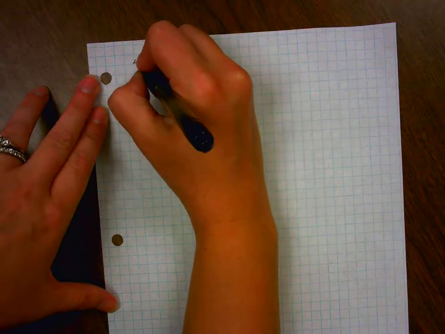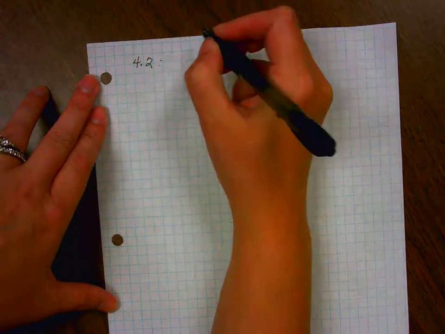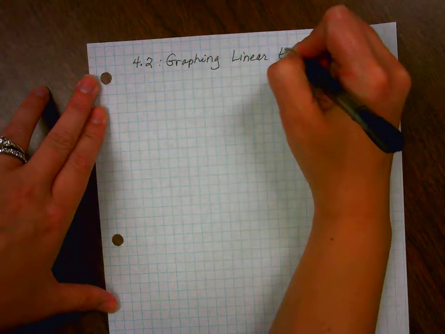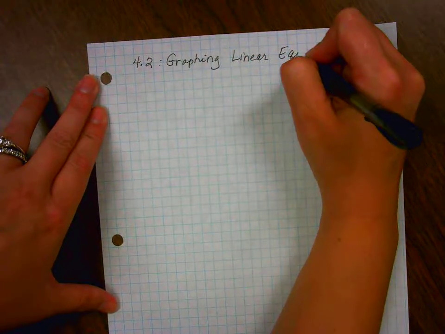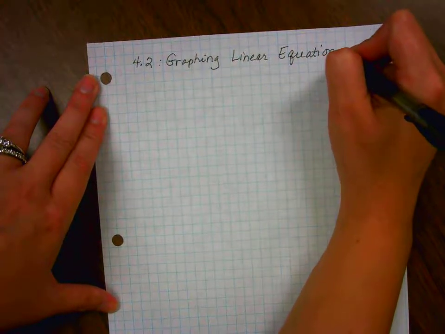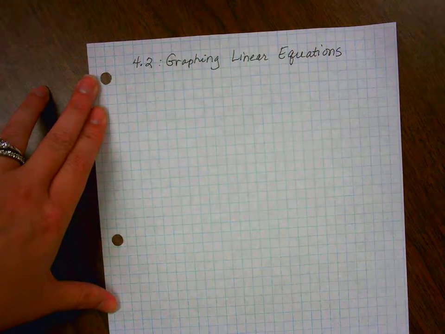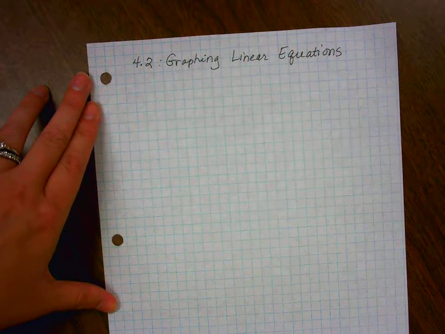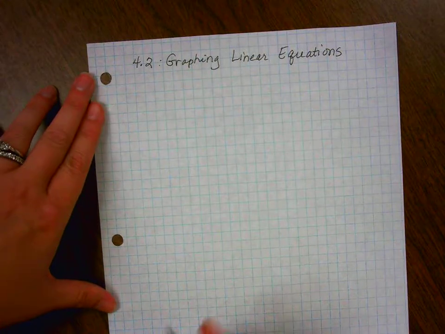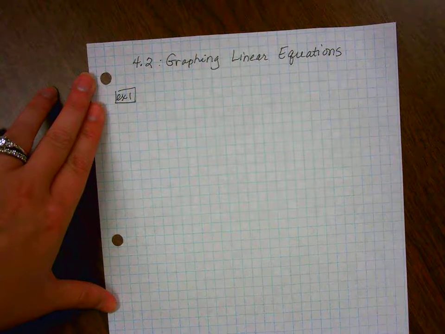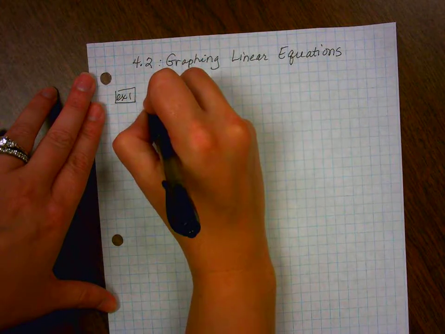Okay, so 4.2 graphing linear equations. All right, so the first thing I want us to make sure that we understand, you are going to tell whether a point is a solution.